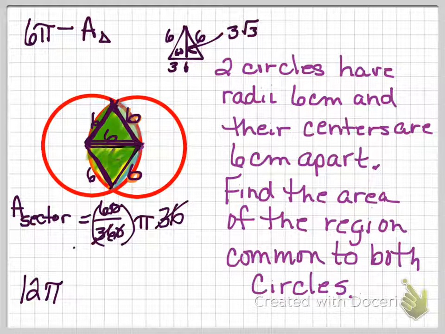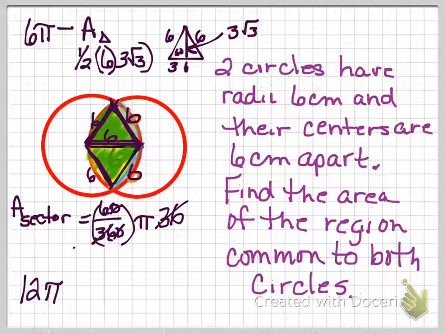So the area of the triangle then is 1/2, my base is 6, and my height is 3 square root of 3. So basically what I have here is that one segment is 6 pi minus 9 square root of 3.